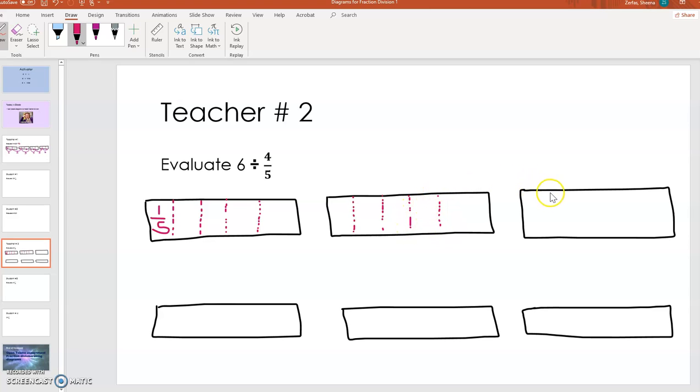This is going to be a little time consuming, so make sure you're patient taking your time through it. That's 3 of my boxes into fifths. I'm using the dash line just to emphasize that this is not the value of one whole, that it's again representing each piece is 1/5.